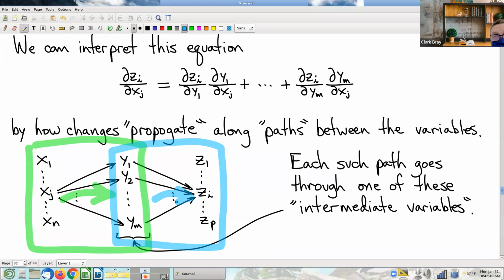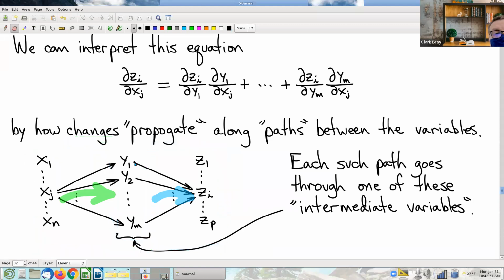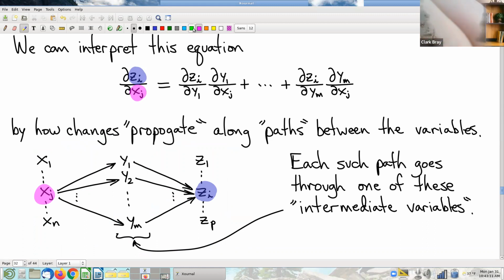I'm going to make a little roadmap of all of our variables. We're interested in how zi changes. So let's look at that eventual output variable, and how it changes with respect to xj. There's that input variable, and as I change it, what's going to happen? I claim a bunch of things happen when you change xj, with the understanding that all these other variables over here are constants.